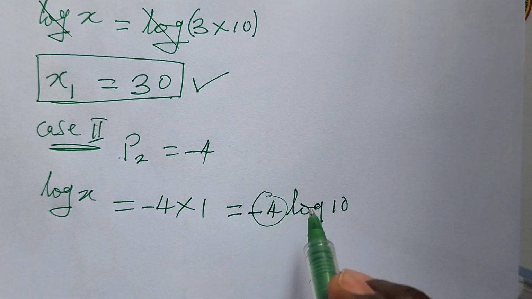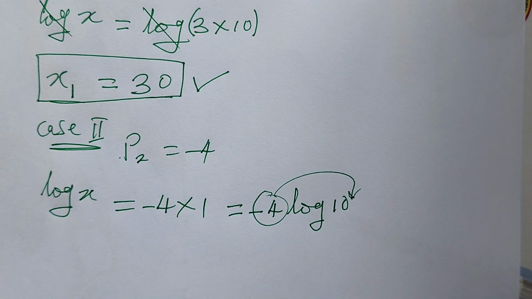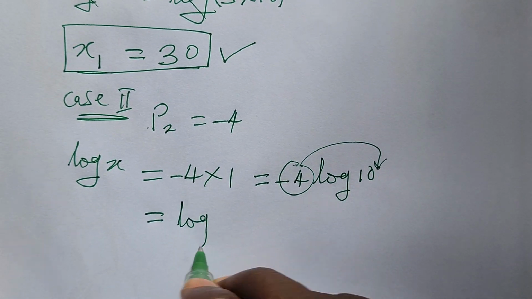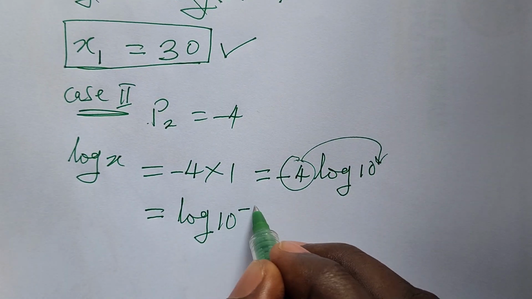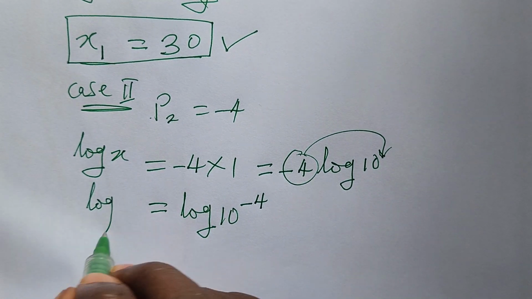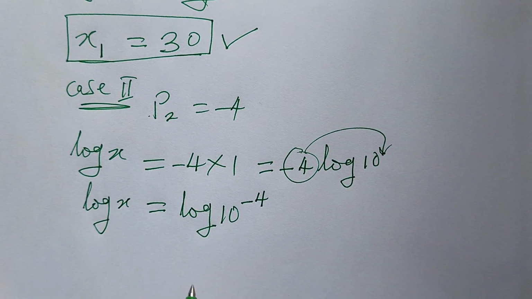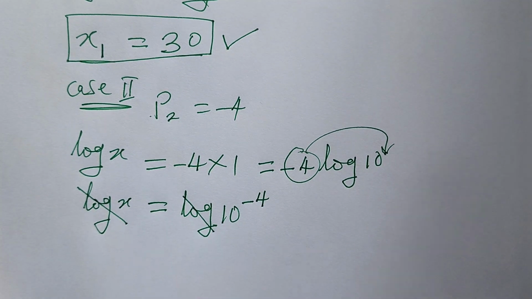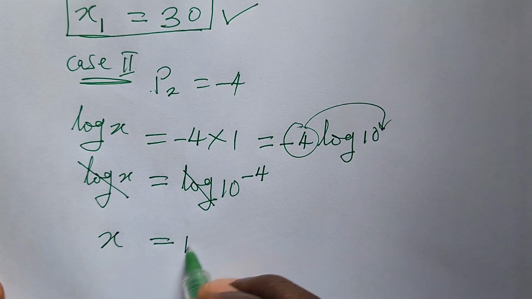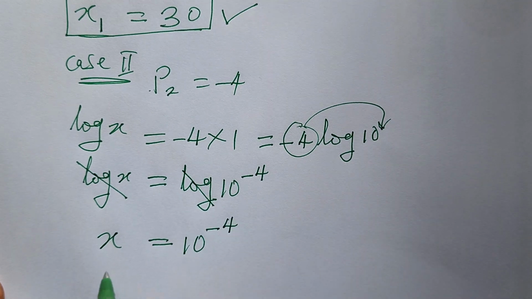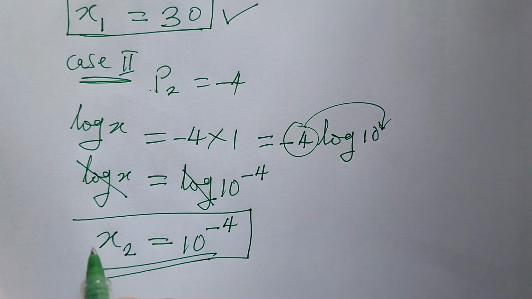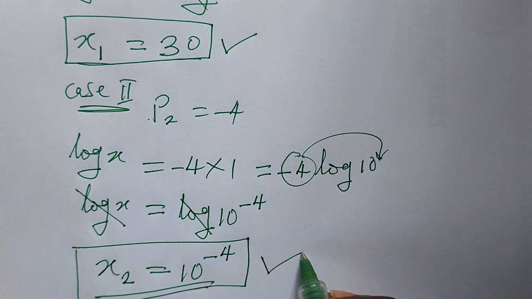Move this exponent to the other side of the equation. And so this will end up giving us log 10 to the power of minus 4. Again, we have this log on the left-hand side, so it will leave the system. If this leaves, we are now left with x is equal to 10 to the power of minus 4. This is our x2, and we have our x1 to be 30.